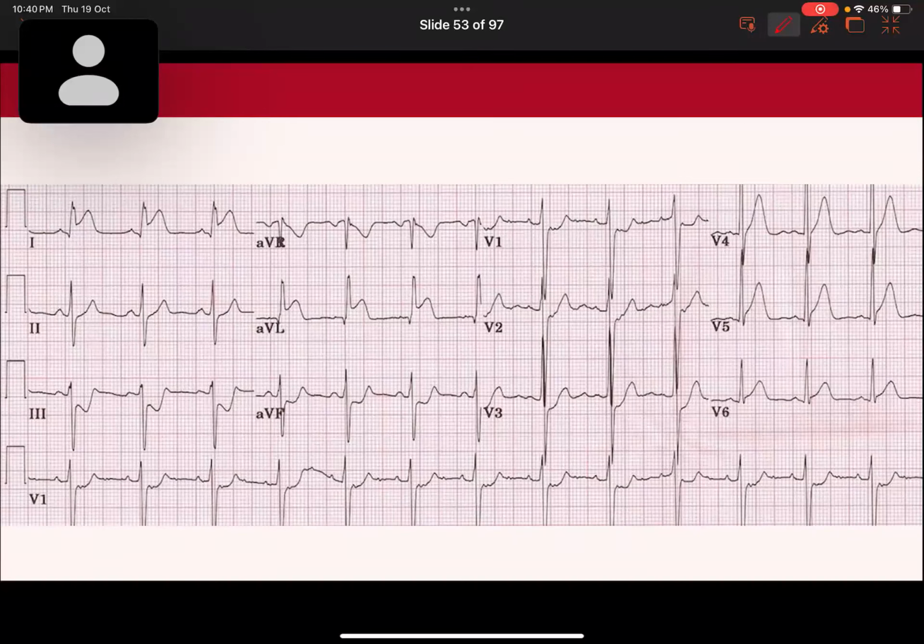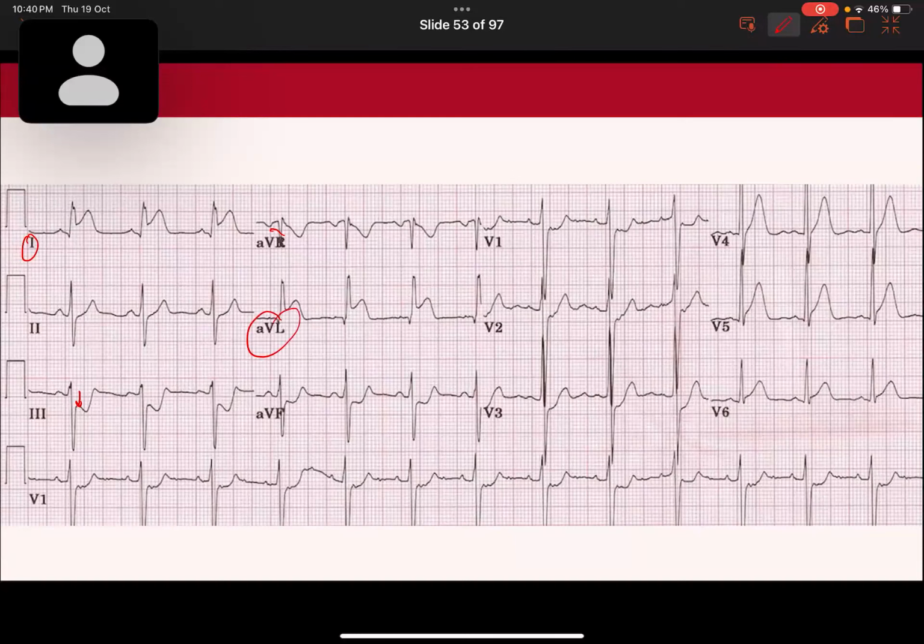Start checking it systematically from lead 1, 2, 3, and then AVR, AVL, AVF. If you look at lead 1, there's ST elevation. In lead 2, there's no ST elevation. In lead 3, there's actually ST depression, which is not something you guys should really know at this point, but it's not something you should be worried about.